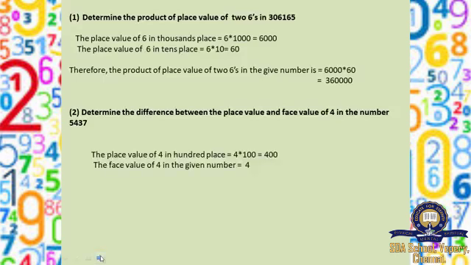The 4 is present in the hundreds place. So it is 4 into 100, which is equal to 400. The face value of 4 in the given number will be the number itself. So it is 4. We have to find the difference. So we have to subtract.